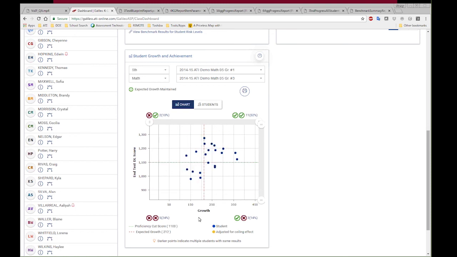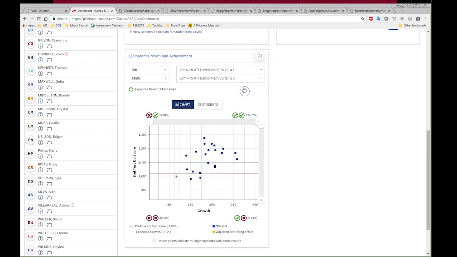Everybody's goal here, remember, we're looking for positive outcomes. This quadrant is your positive outcome. You want as many students in the high growth, high achievement quadrant. But for some students, you may just want to see that they're learning and growing.